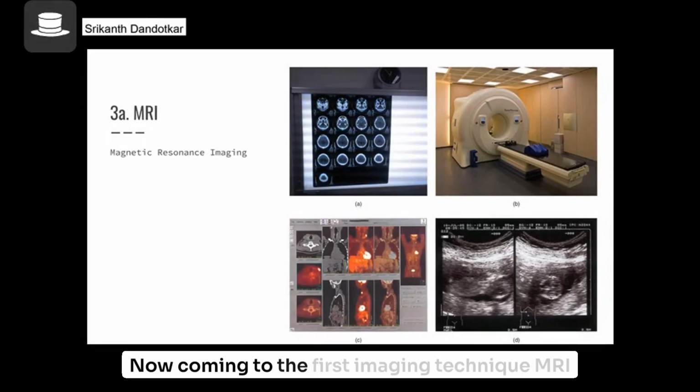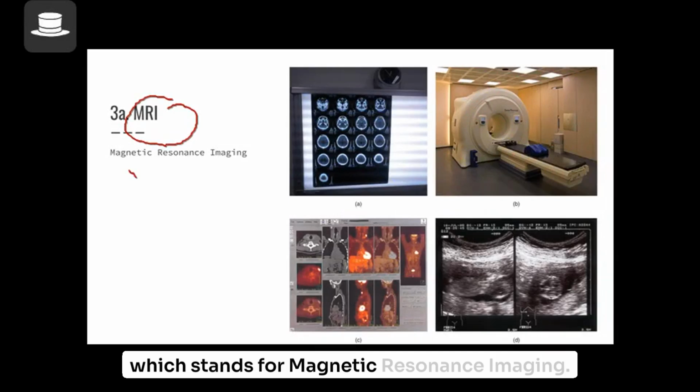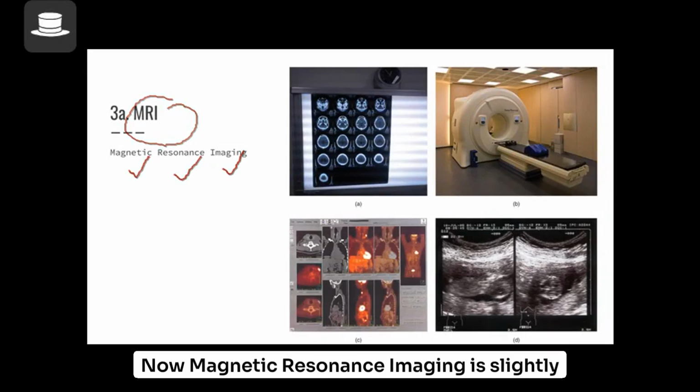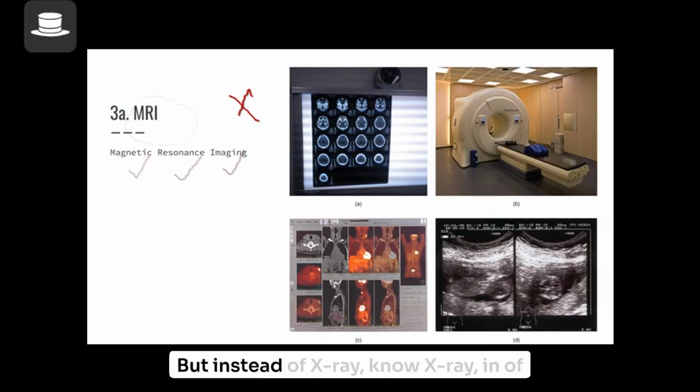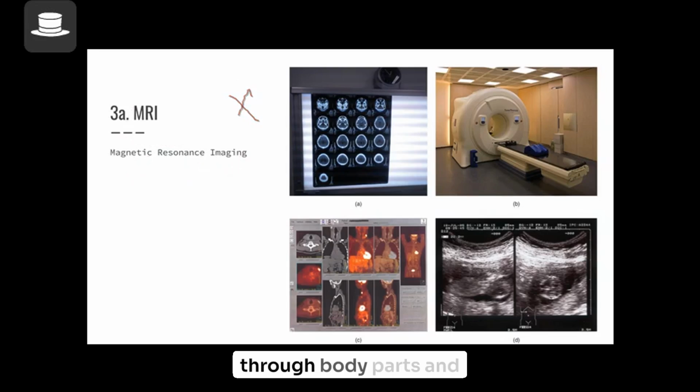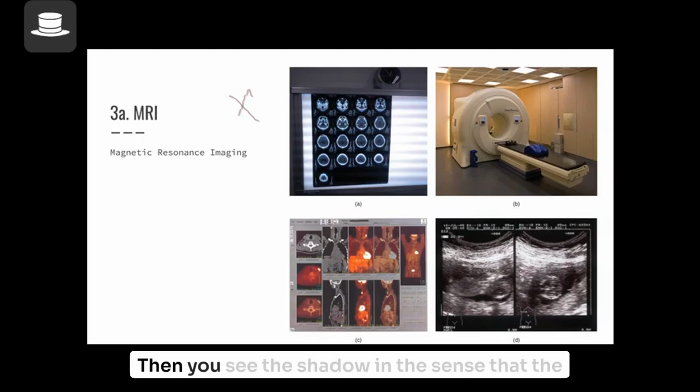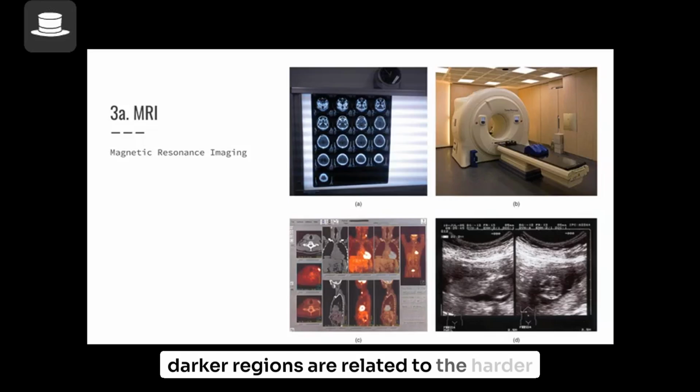Now, coming to the first imaging technique, MRI, which stands for magnetic resonance imaging. Now, the basic fundamental idea is similar to an X-ray. In the case of X-ray, it passes through the body parts, and then you see the shadow, in the sense that the darker regions are related to the harder structures and the lighter regions are related to the softer structures in the body.